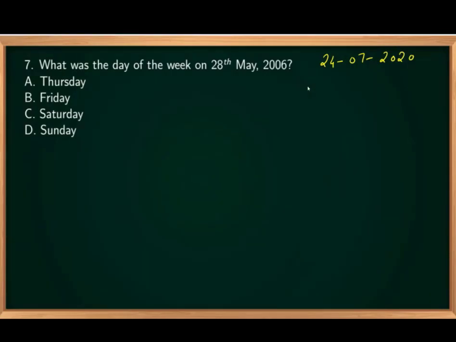We already know the odd days: first 100 years, first 200, first 300, all we already found.